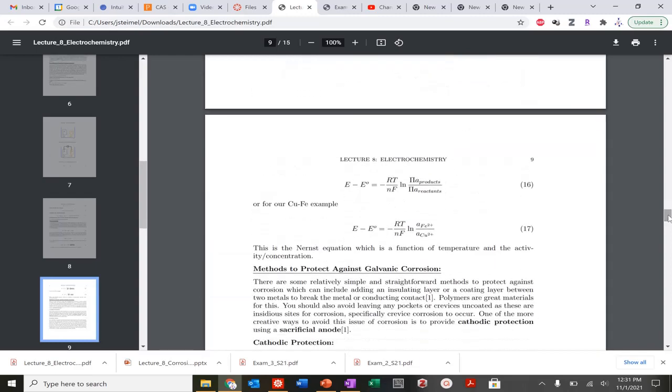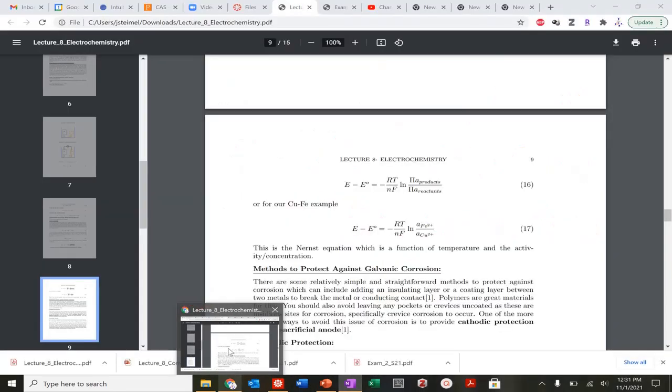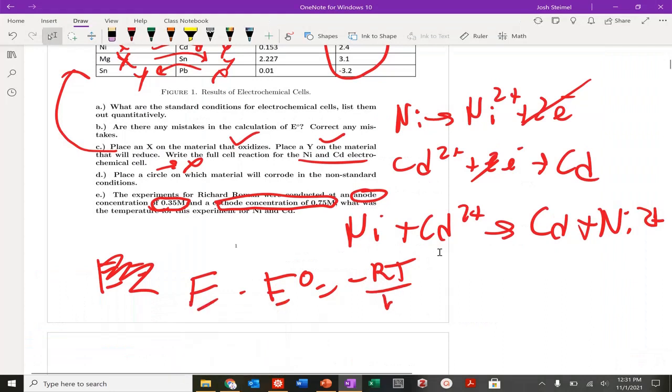N is the number of electrons, 2. R is our gas constant, T is our temperature, F is Faraday's constant, 96485 I believe, but we'll double check that.